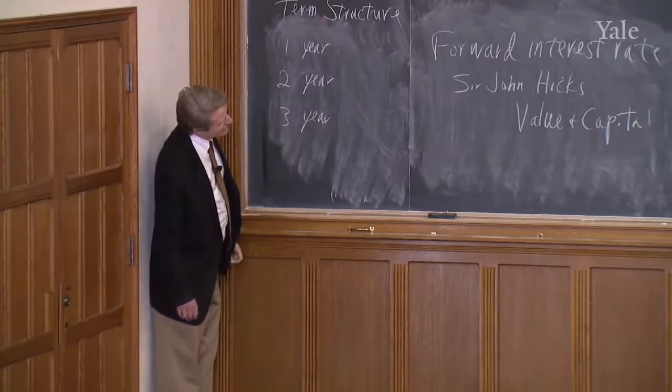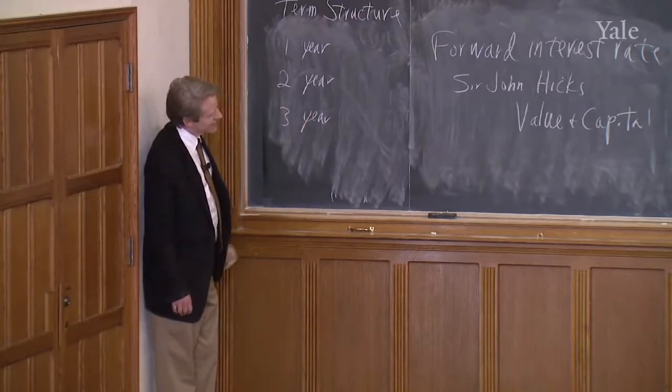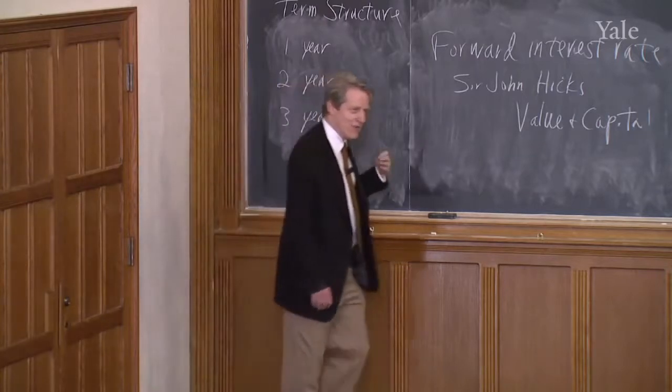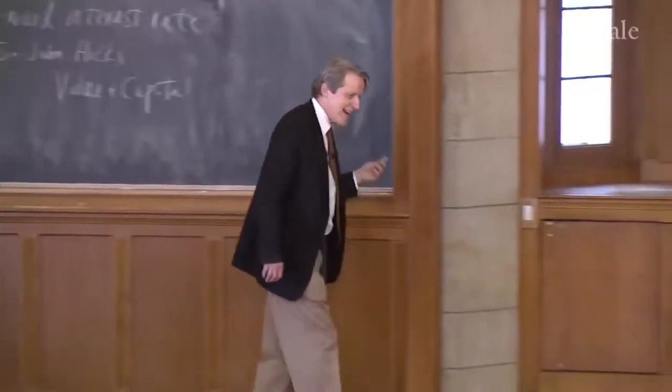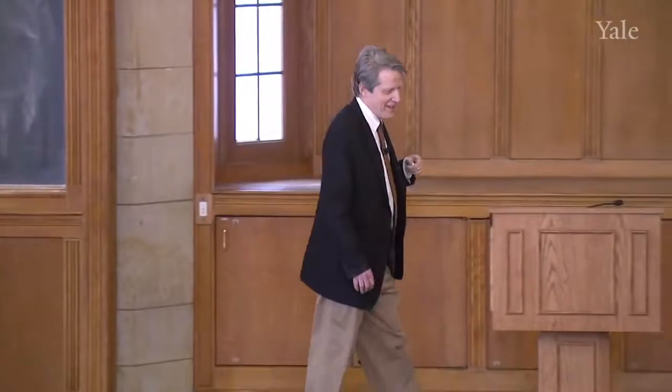So Hicks and his coffee hour, people were saying, well, it seems kind of one-dimensional because all the rates that are quoted are rates between now and some future date. But what about between 2 future dates? And then they thought about this at coffee hour, and someone said, well, it's kind of unnecessary to quote them because they're all implicit in the term structure today.